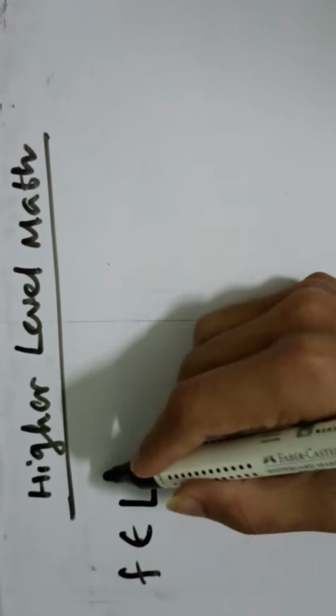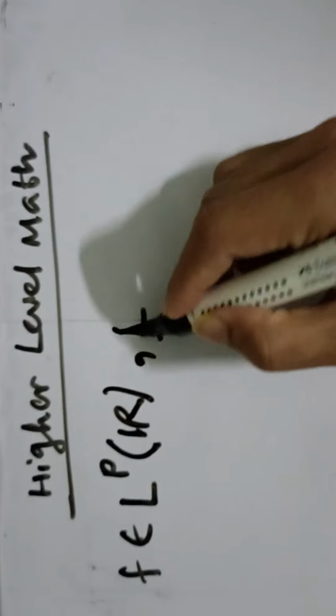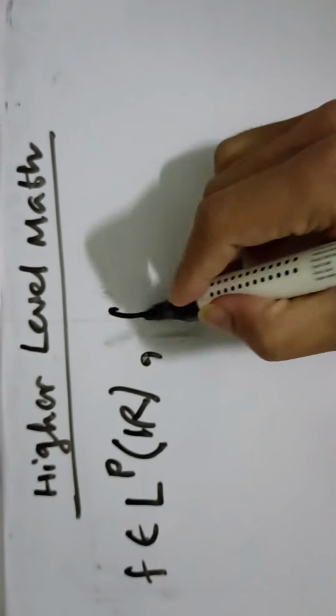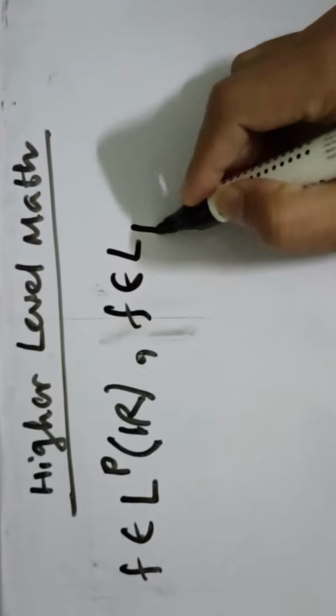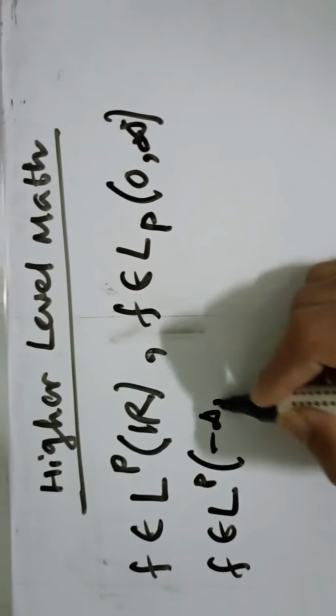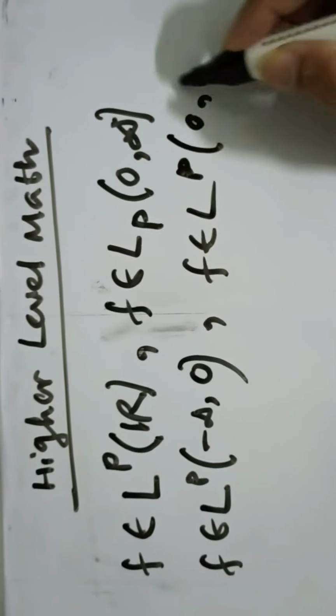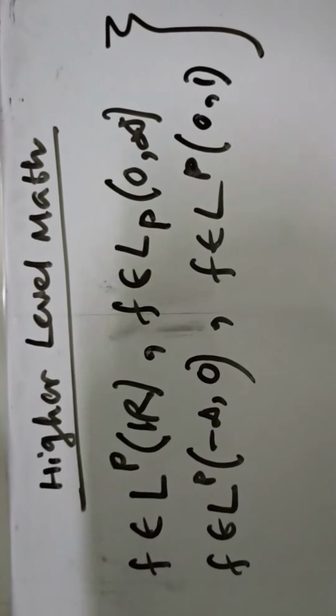So we have a function f, then when do we say that f belongs to L^p, or L^p(0,infinity), or f belongs to L^p(-infinity,0), or f belongs to L^p(0,1)? When can you say this happens?